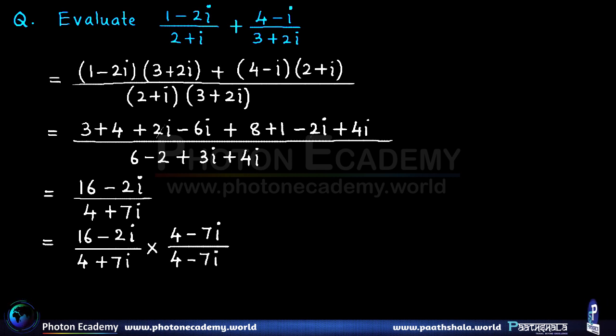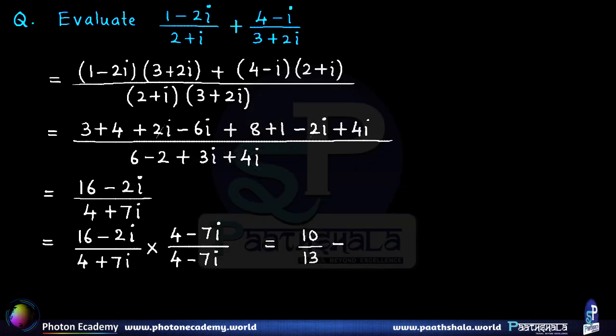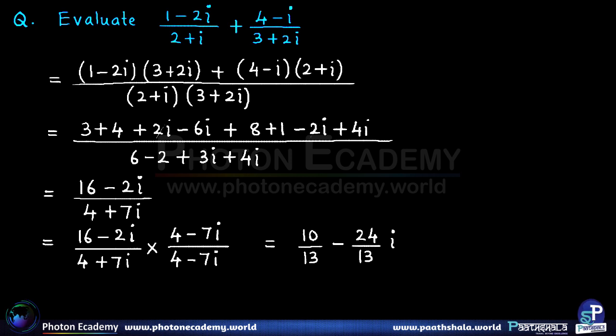So now on simplifying, we will get the final answer as 10 upon 13 minus 24 upon 13 i. So this is how we have got the final answer in the separated real and imaginary parts, which is often essential while working on complex numbers. Now let us see the next question.